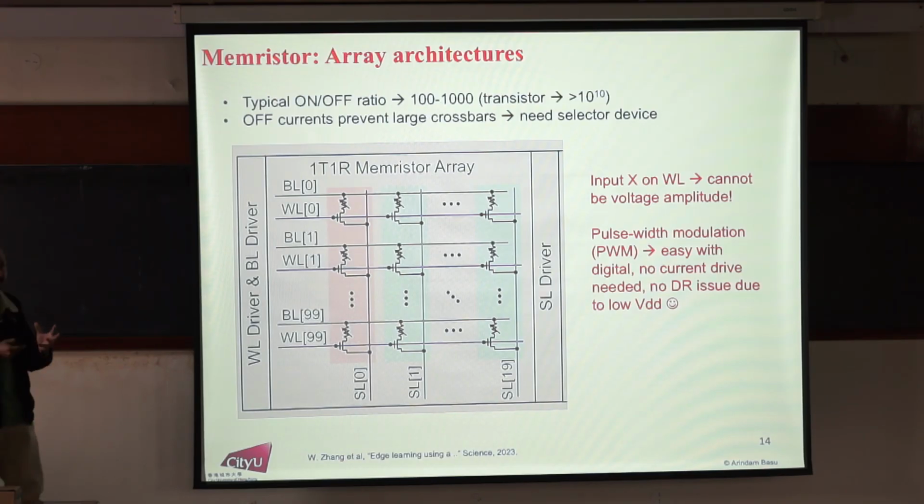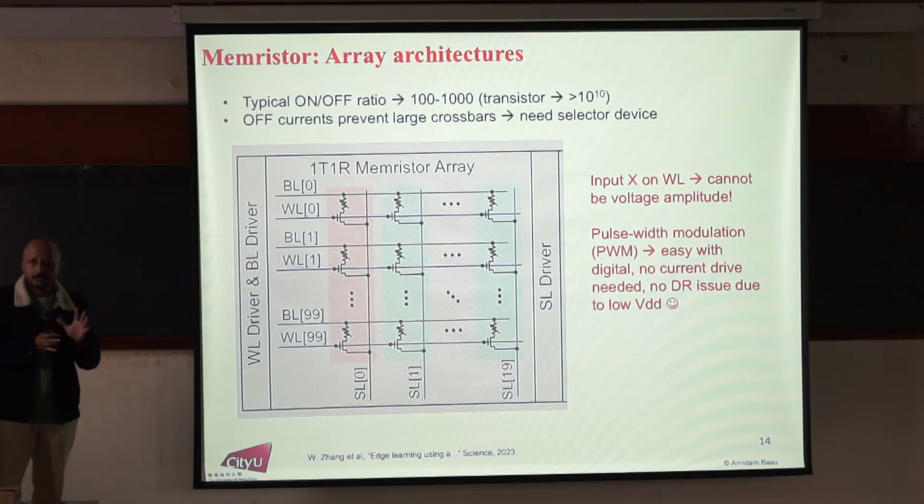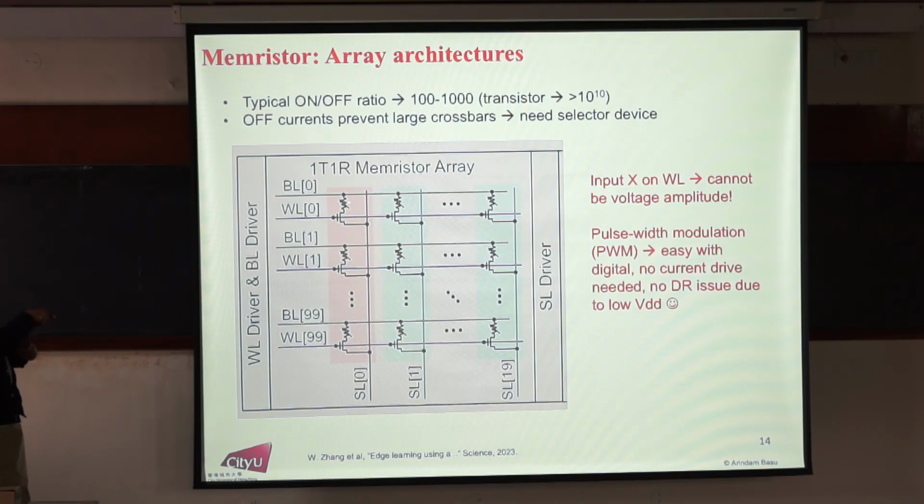Because the MOSFET has a big on-to-off ratio, you can use it to select these resistive devices very nicely. Even if this resistor in off state is not very off, the MOSFET can totally cut it off. And then you can make much larger arrays of these devices.